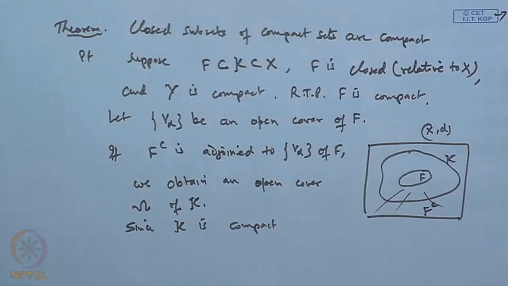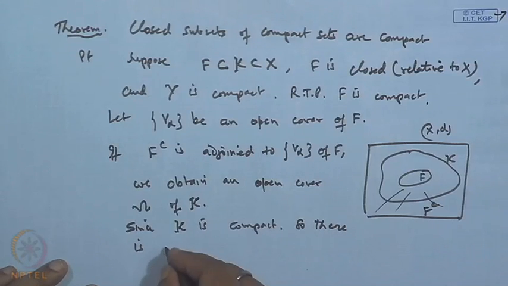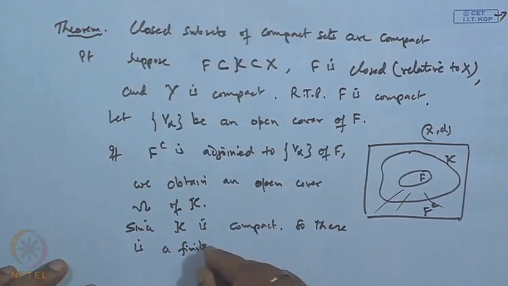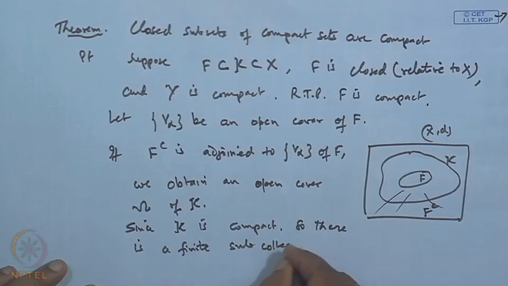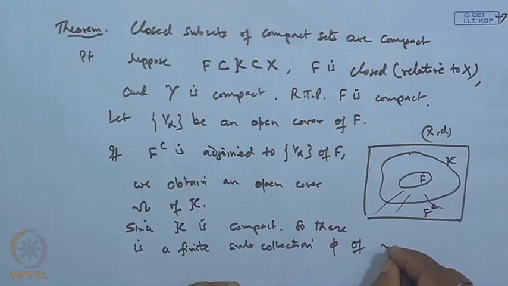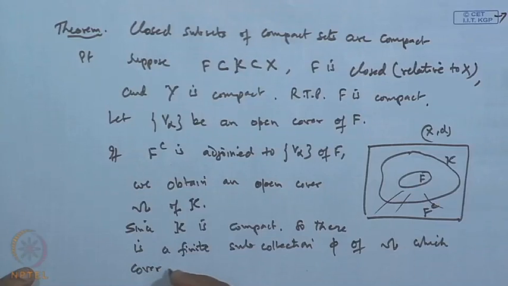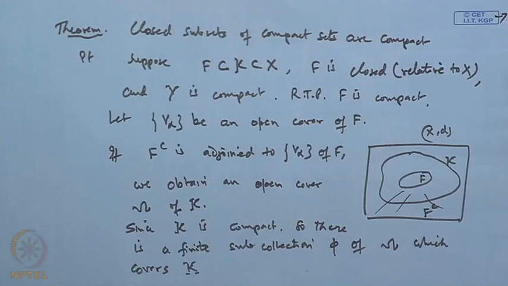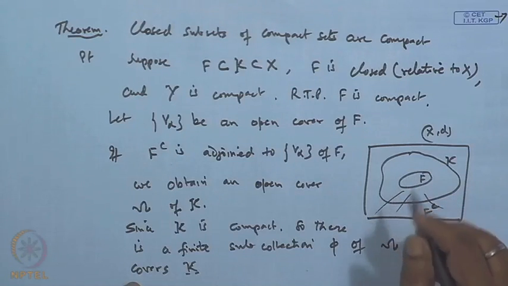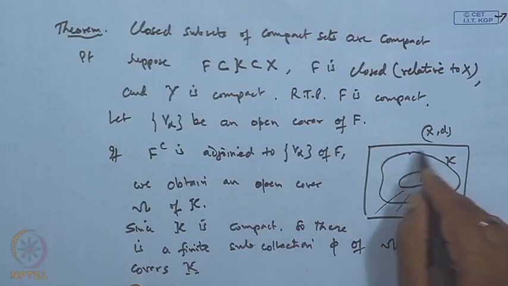So there is a finite sub collection phi of omega which covers K, by definition of the compact set K. Once this omega is an open cover of K, and since K is compact, it will have a finite subcover.